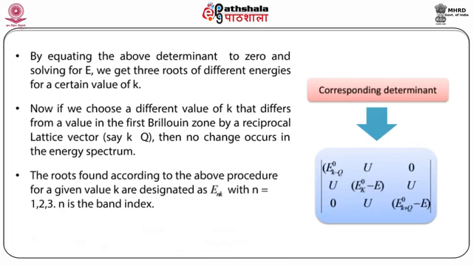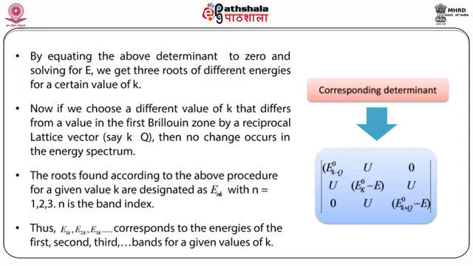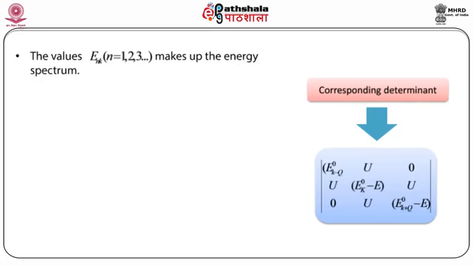The roots found according to the above procedure for a given value k are designated as E_n(k), with n equal to 1, 2, 3. n is the band index. Thus, if E_1(k), E_2(k), E_3(k) and so on correspond to the energies of the first, second, third and so on bands for a given value of k, the values E_n(k) make up the energy spectrum.